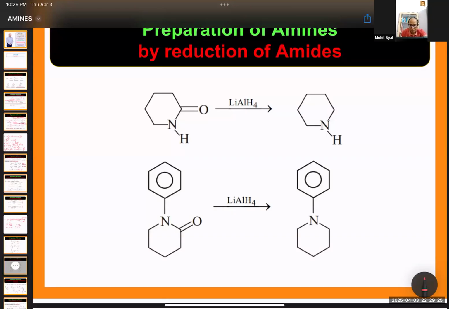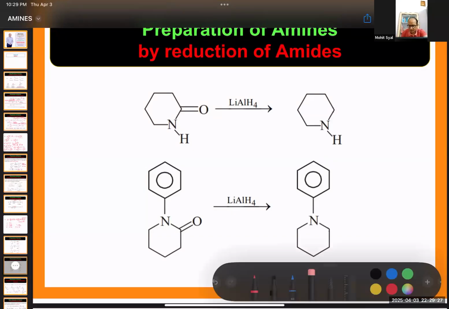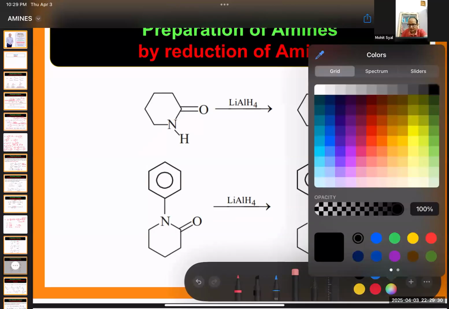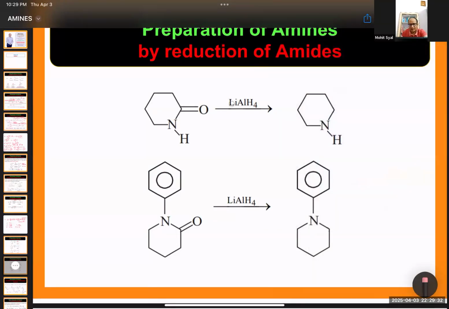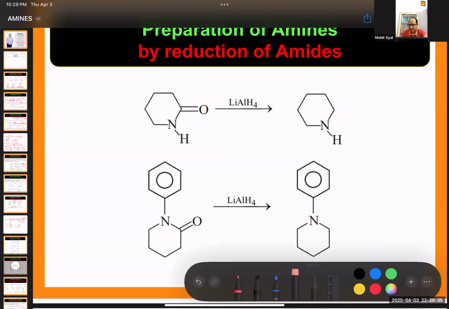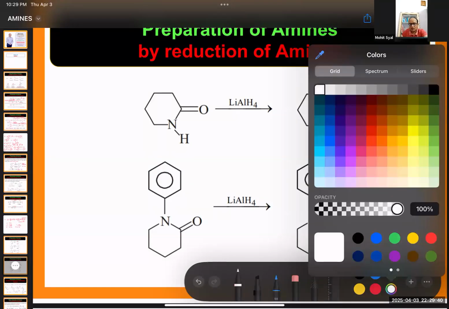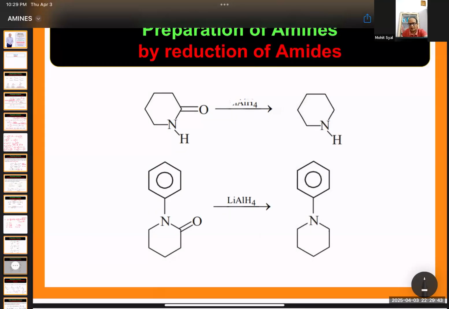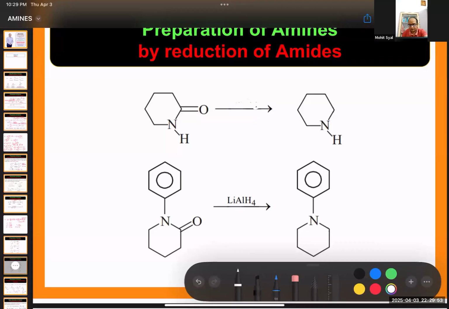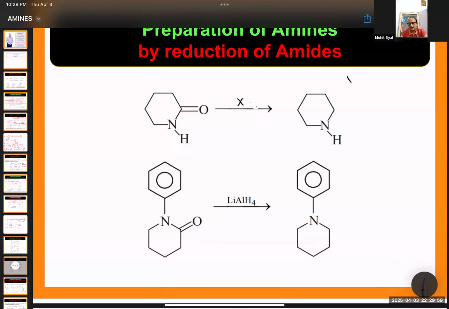Sometimes if it is asked like this, they will hide the reagent, and then you need to tell me which could be the reagent in place of this LiAlH4. If they don't show you, then it becomes difficult. So they may give you options like what this X could be. X could be NaBH4.